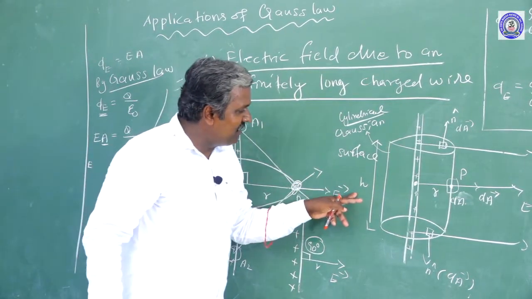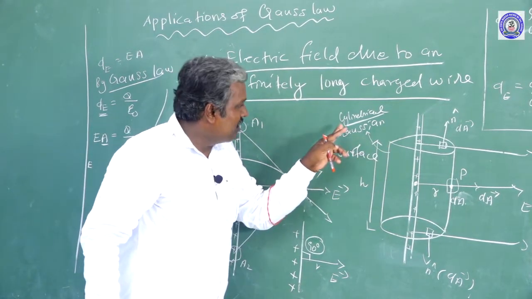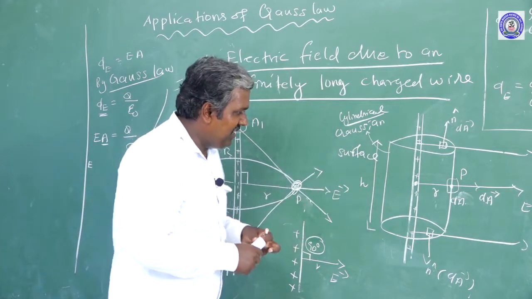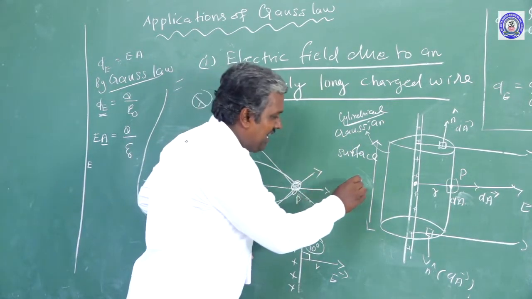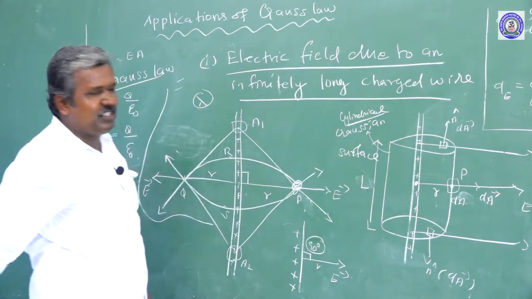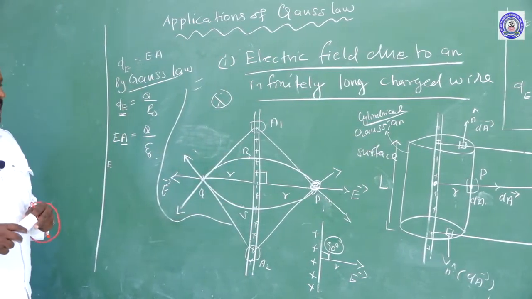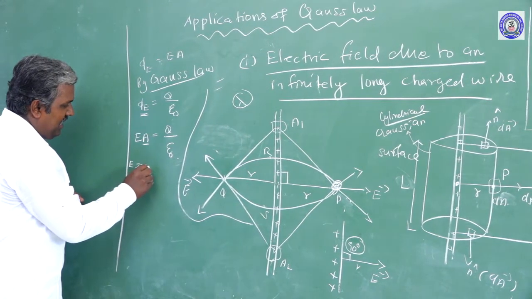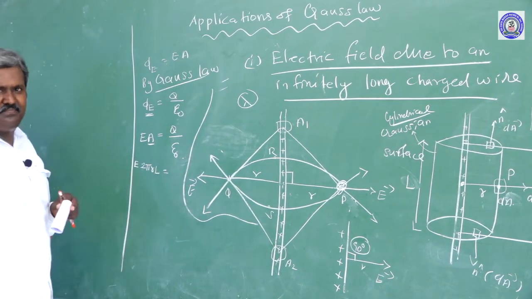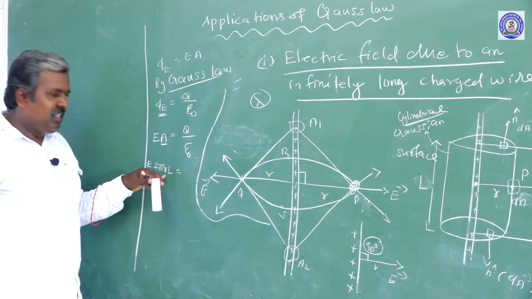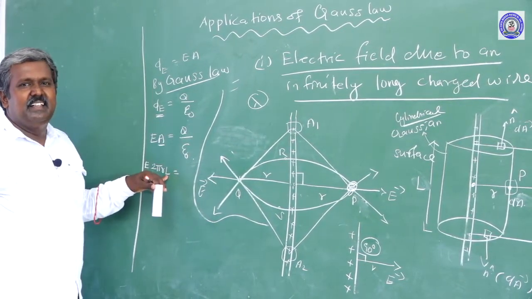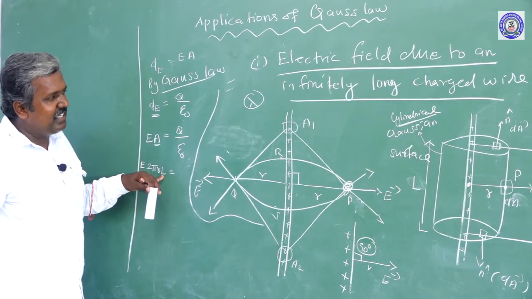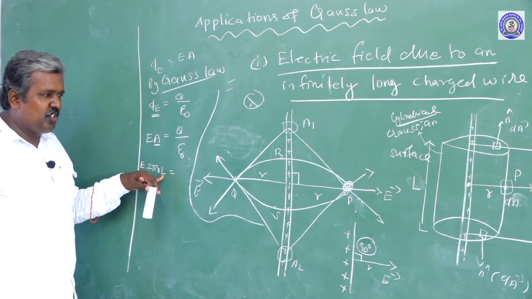Here h is equal to the height of the cylindrical Gaussian surface. It is replaced by capital L. So 2 pi r L, like 2 pi r h. h is equal to capital L, the height of the cylindrical Gaussian surface.